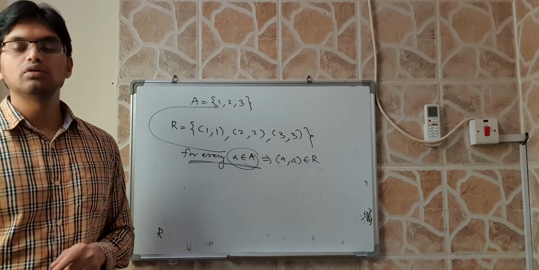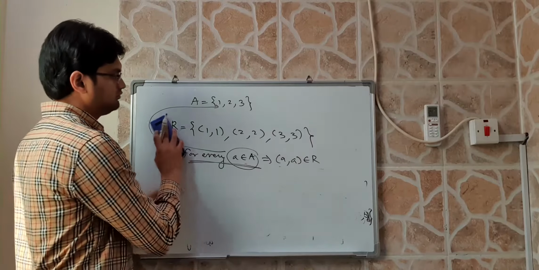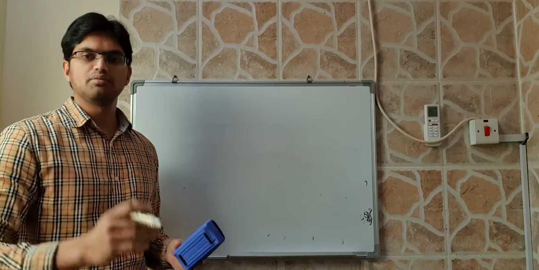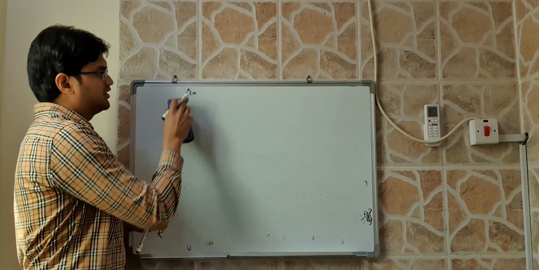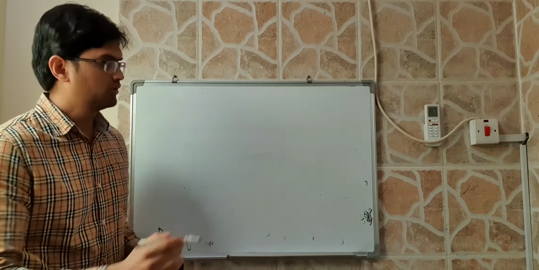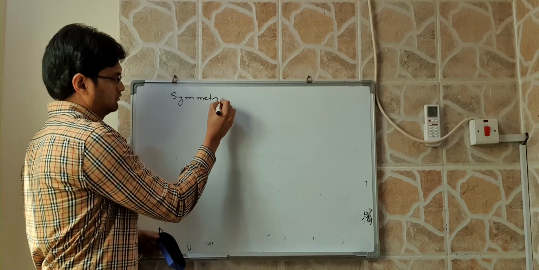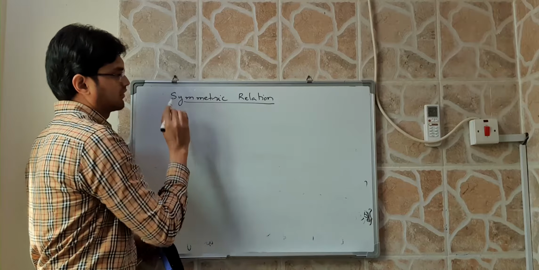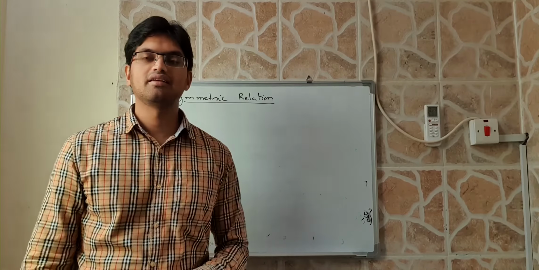Now let me go to the next one, the symmetric relation. Again, let me consider the same set A. Let me first define what a symmetric relation is. Now, can you think what you can say?